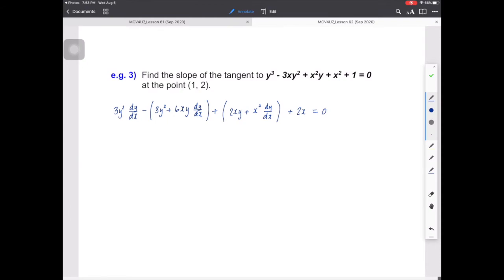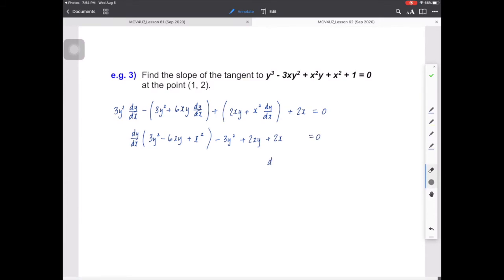Okay. Next, let's gather all the terms that contain dy by dx, and I will factor that. I have 3y squared minus 6xy plus x squared. And then the rest of the terms are negative 3y squared plus 2xy plus 2x equals 0.